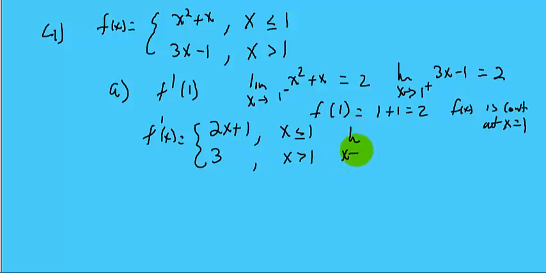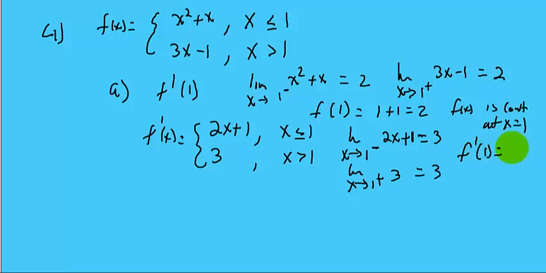Limit as x goes to 1 from the left side, which is 2x plus 1, turns into 3. Limit as x goes to 1 from the right side, with 3, turns into 3. And f prime of 1 is 3. So there it is. It's differentiable, and f prime of 1 is 3.